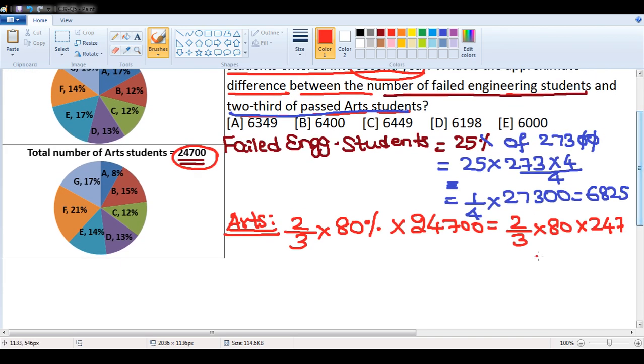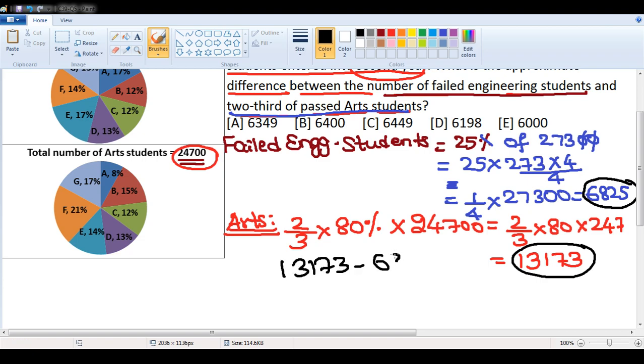Because they are asking the approximate value, you will get 13173, which is a little time consuming to calculate, but they want the difference between these two values. 13173 minus 6825, you will get the answer as 6348. Approximately it is 6349.